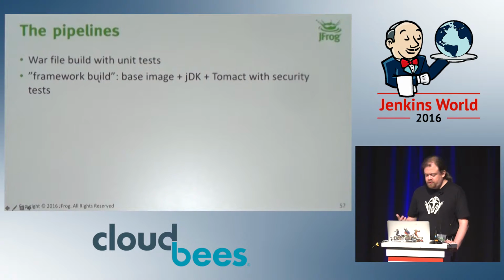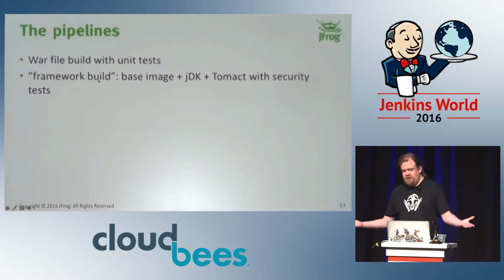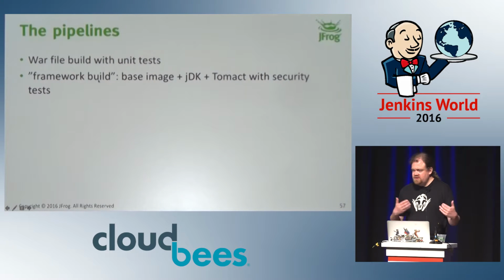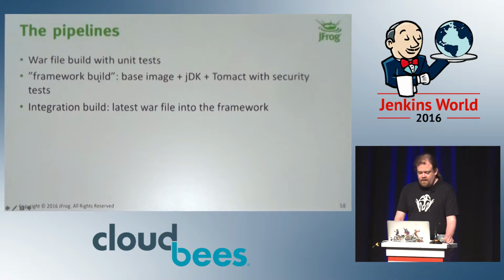It takes Ubuntu, adds Java and Tomcat, and tests. It says, is this new version of Java, this new version of Tomcat, this new version of Ubuntu, is everything still working the way I expect it to? And of course, the final pipeline actually builds my system.